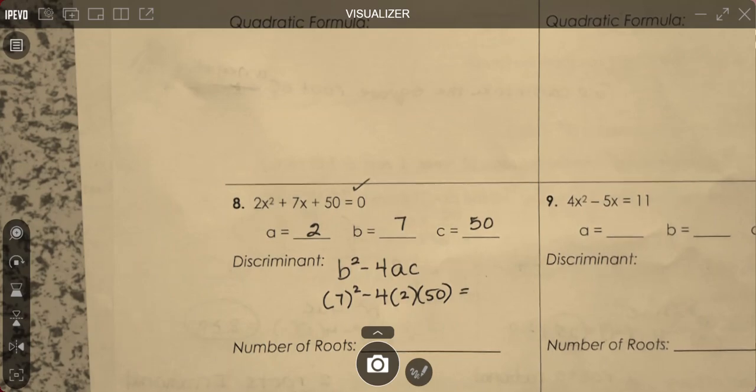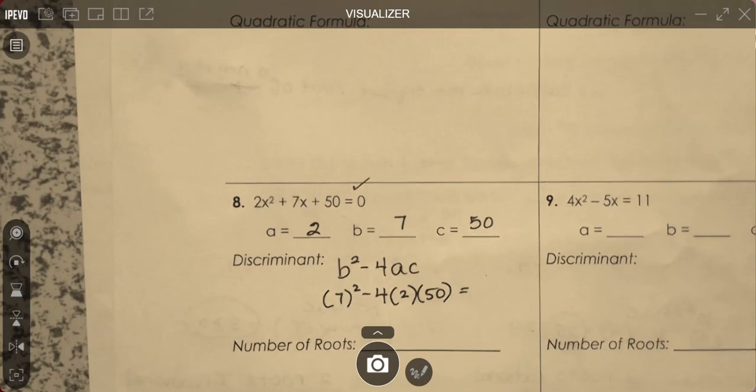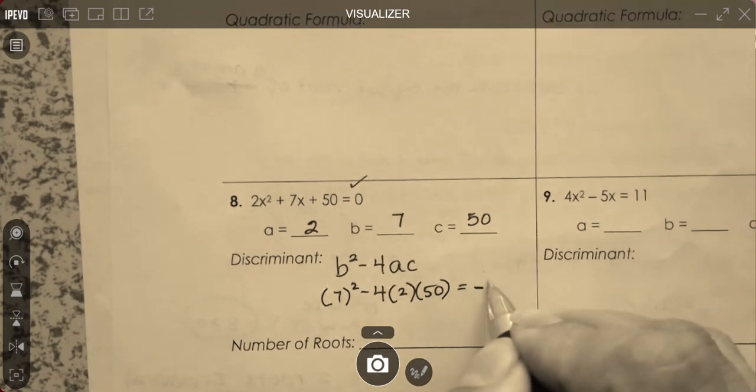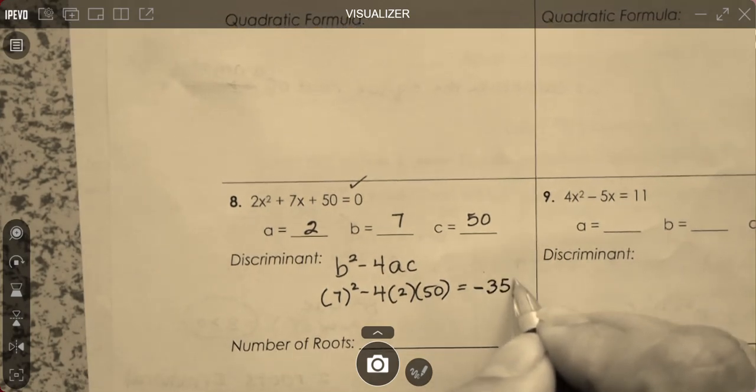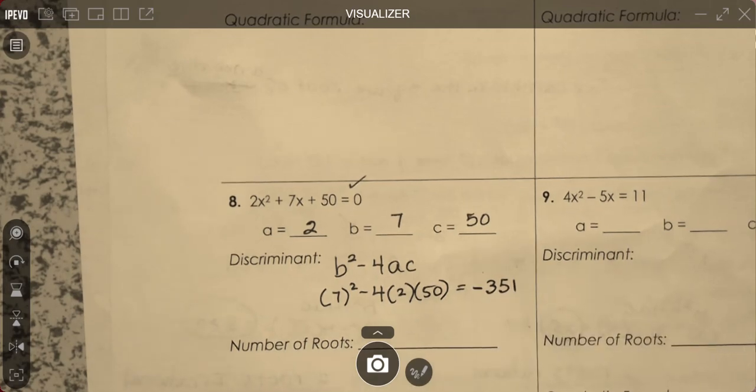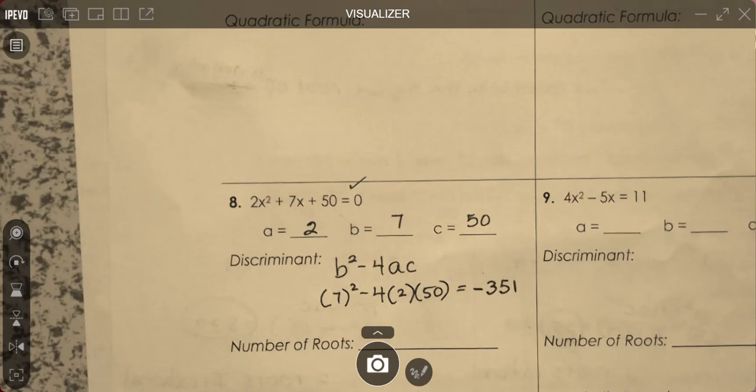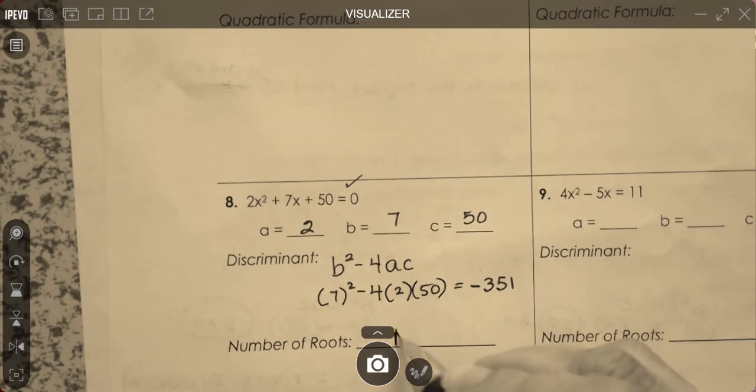Do me a favor, move to the front. So what is it? Negative 351, right? So now, based on the value of your discriminant, how many roots do you have? 0. Exactly, no roots.